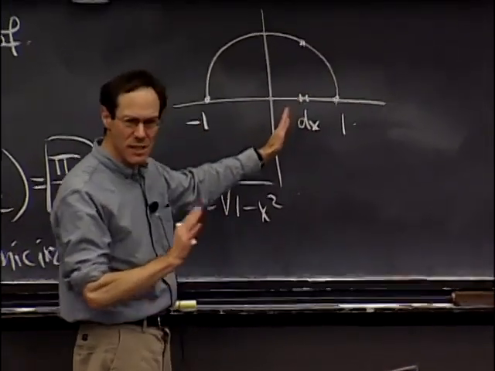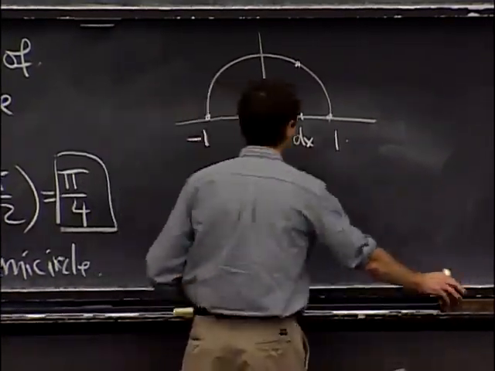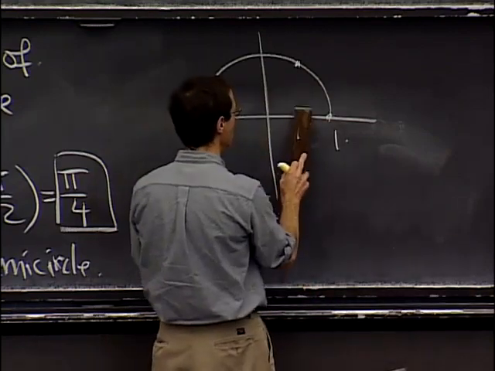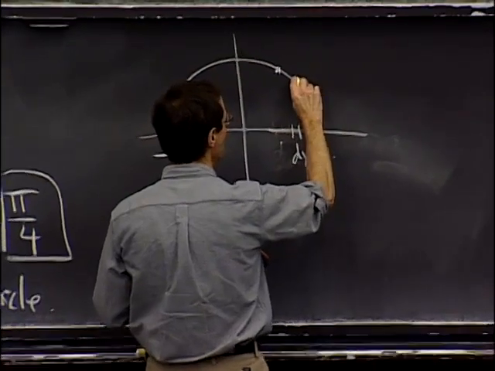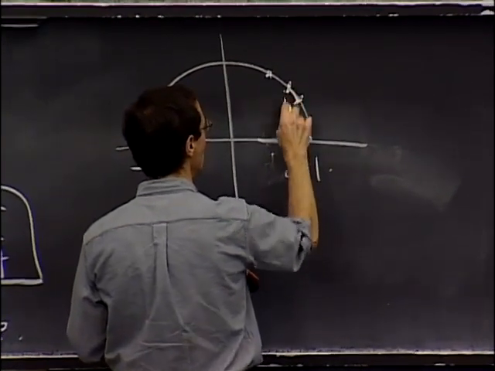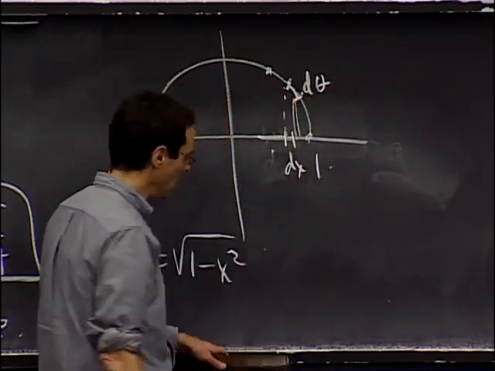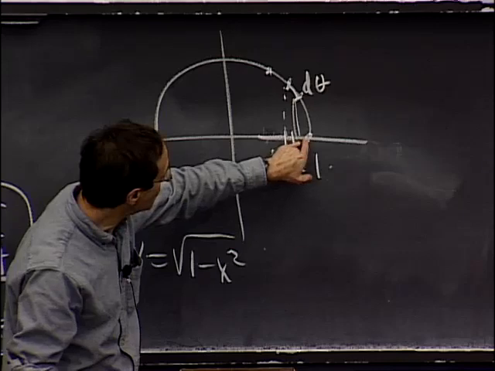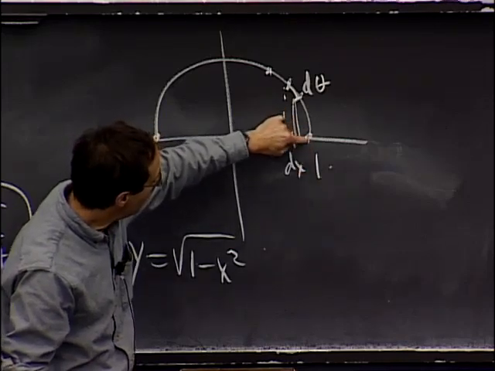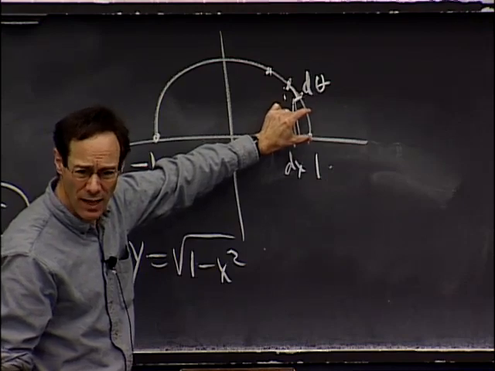So now let me show you that it's not quite the same here. It's especially exaggerated if maybe I shift this little interval dx over to the right-hand end. Then you can see that the little portion that corresponds to it, which is the d theta piece, has a different length from the dx piece. And indeed, as you come down here, these very short portions of dx length have much longer portions of theta length.